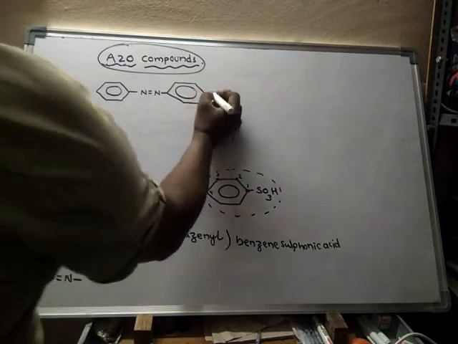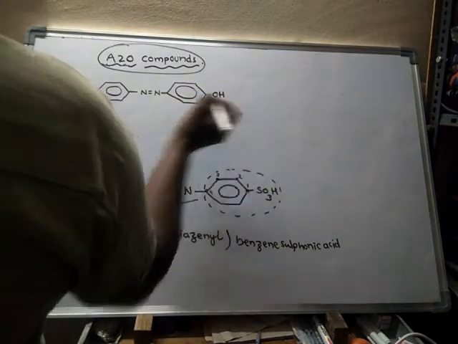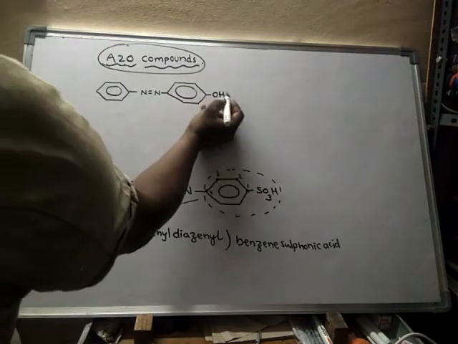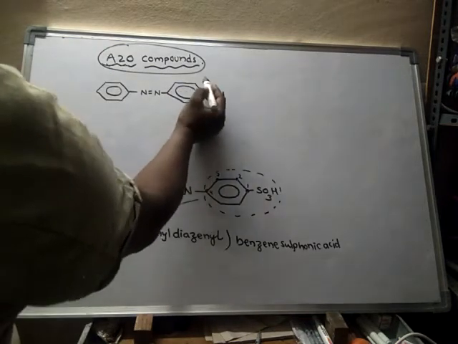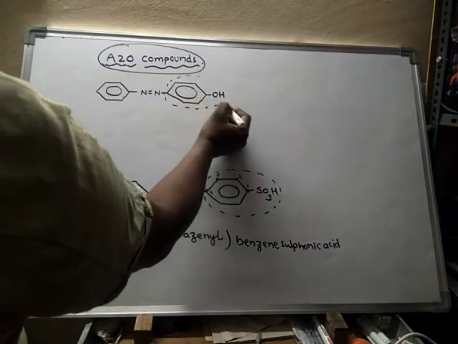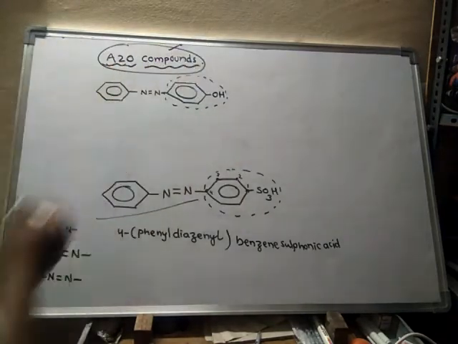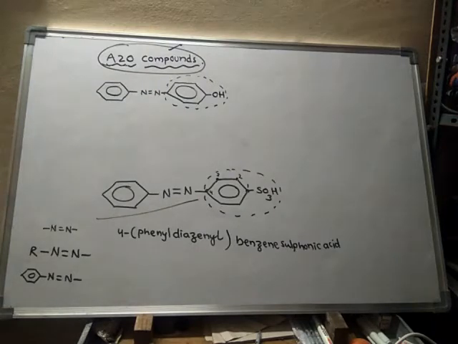What is the name of this compound? Here an OH group is attached to the benzene. Then this will become the parent chain. See azo compounds, so be careful while learning azo compounds.